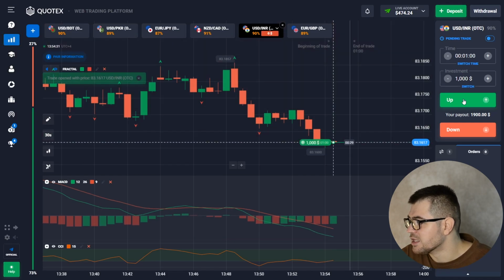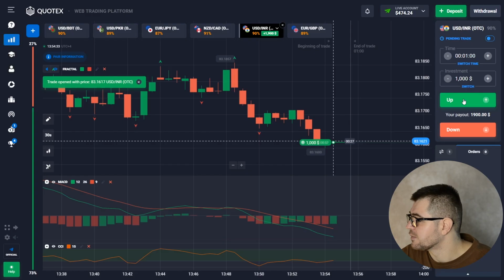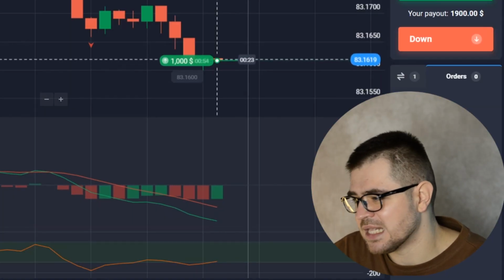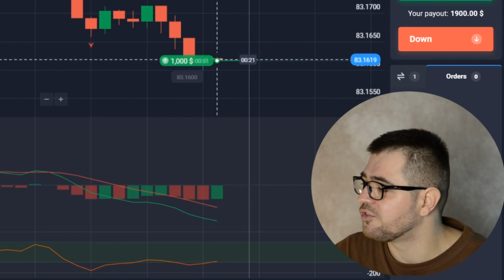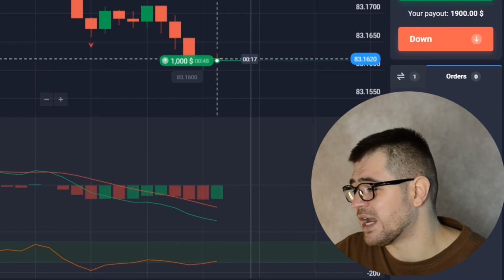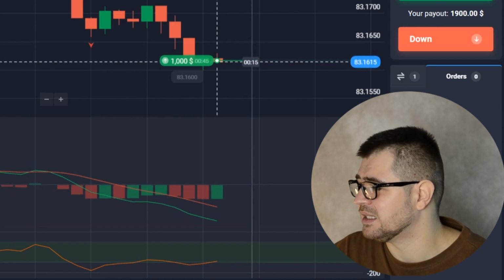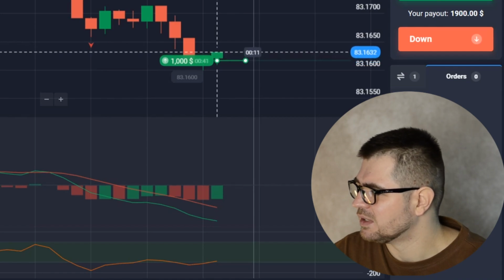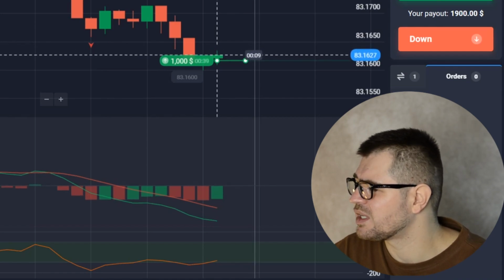Yeah, it looks up. So let's go in. In this case, the MACD is not showing us enough information. We're looking at the bearish trend there, but it's not so strong yet.